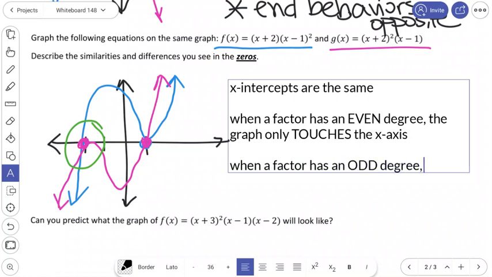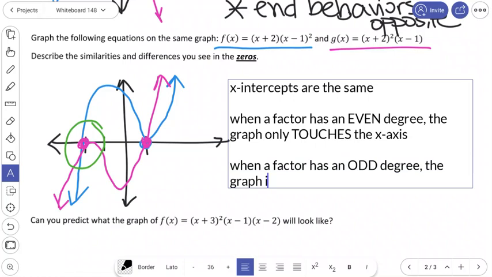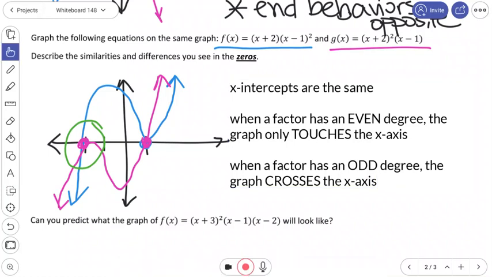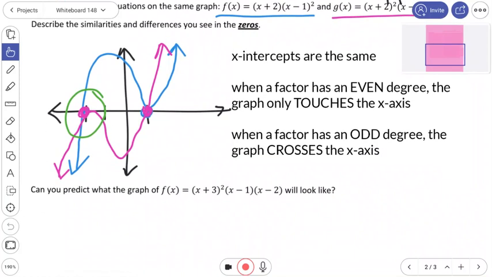So an odd degree, for example, to the first power, x plus 2 to the first power, or x plus 2 cubed, or to the fifth power, any of those odd degrees means the graph crosses the x-axis. Okay? So those are the rules that you need to keep in the front of your brain.